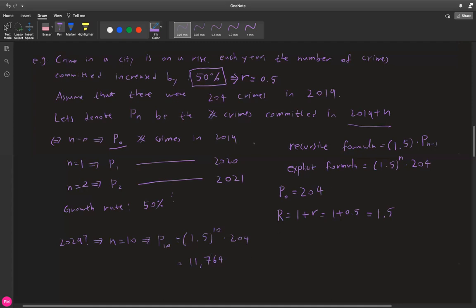What's important here is that even though we can find both recursive and explicit formula for this specific example, knowing which one to use to save you some time, even though you can actually find the exact same value using the recursive formula, knowing what's more efficient is a key thing here.